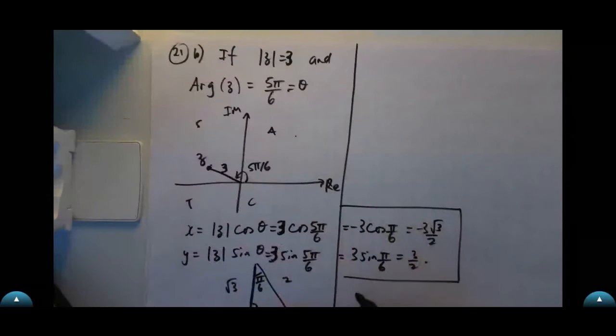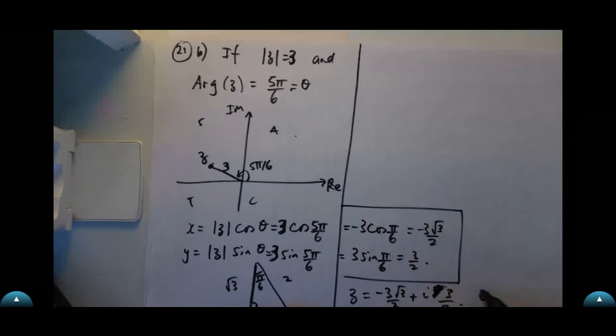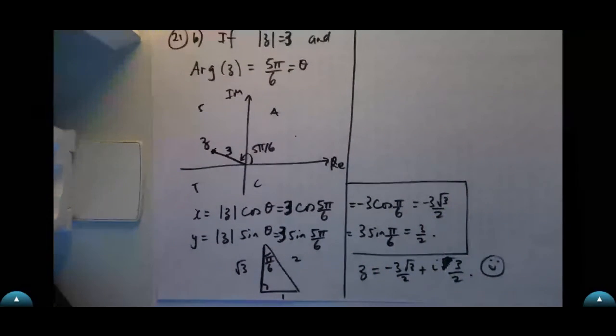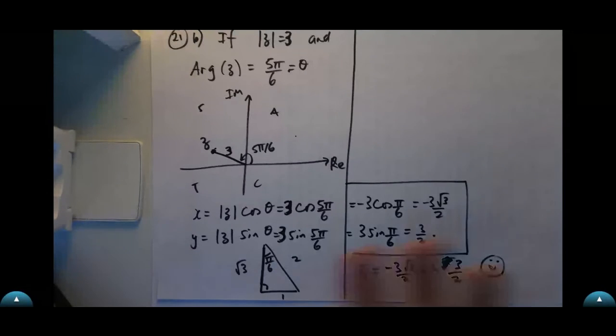So what is our complex number? Ta-da! So it's mostly trig, as you can see from the calculations: right angle triangles, trigonometry, stuff like that.